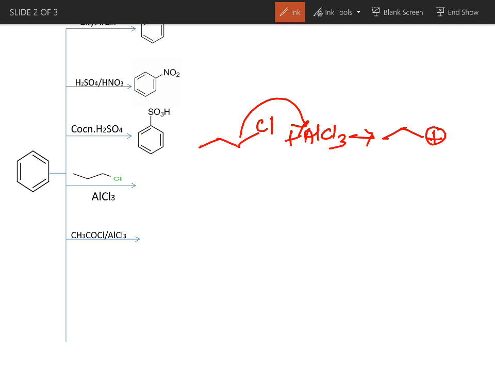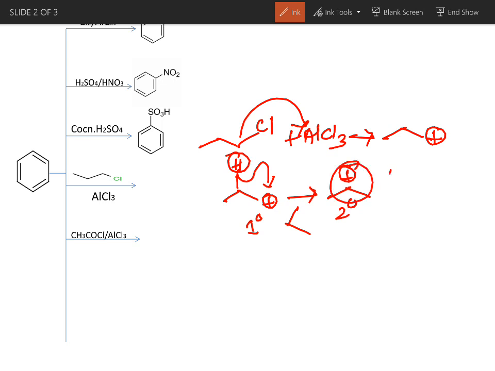If you carefully observe here, this carbocation is a primary carbocation. If there is a possibility of formation of a more stable carbocation, it will undergo self-rearrangement, that is by 1,2 hydride shift, and it forms a stable carbocation which is a secondary carbocation. And we know that secondary carbocation is more stable than primary carbocation.